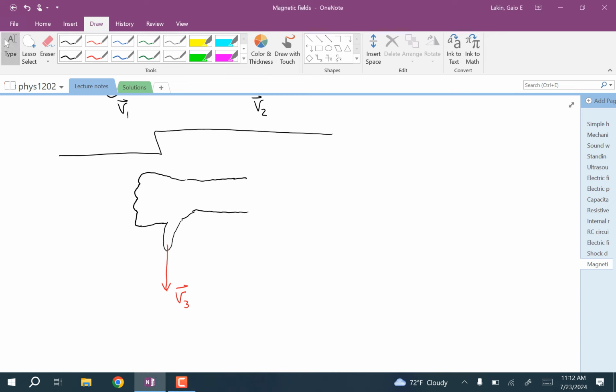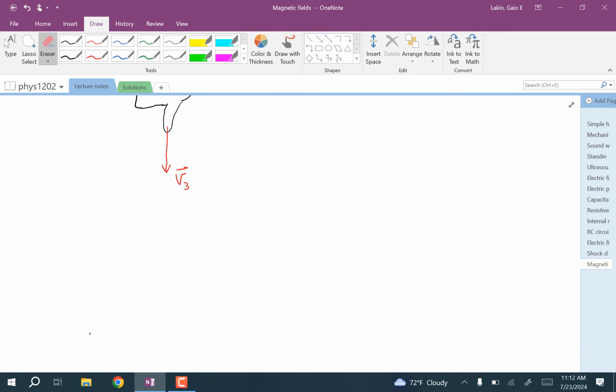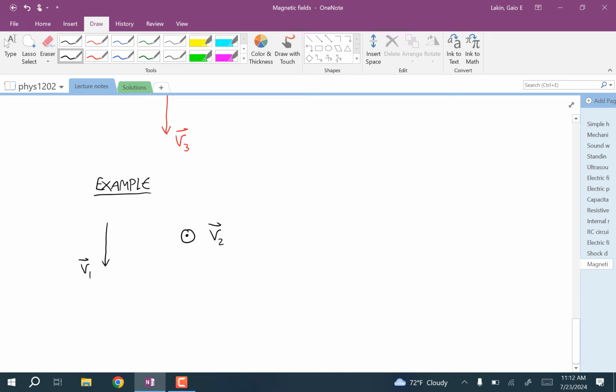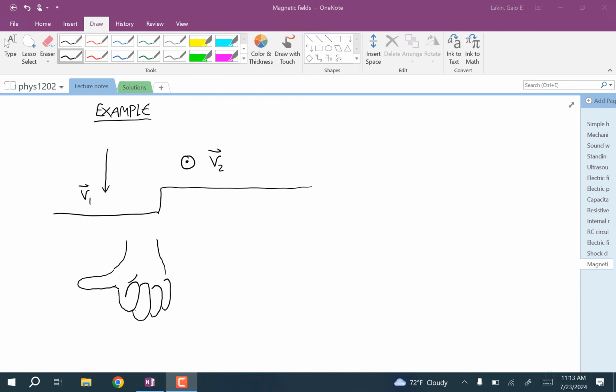Let me do one more example. So this time, let's say that our V1 is straight down and our V2 is straight out. And we want to know what the output is of the right-hand rule for those two vectors.